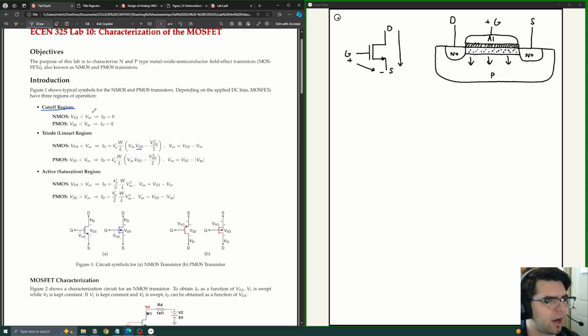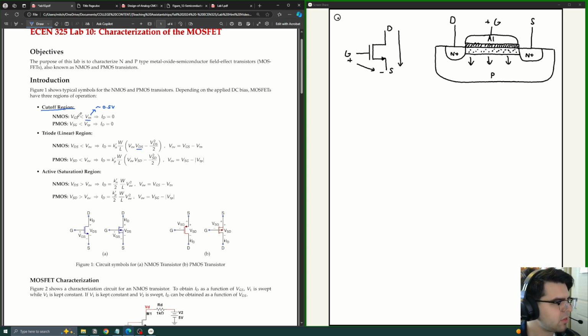Instead of a 0.7 volt drop from the base to the emitter, there is a threshold voltage from the gate to source. For small technology processes like 40 to 180 nanometer, this value is generally about 0.5 volts. So if the gate to source voltage does not exceed the threshold, then no current is allowed to flow.